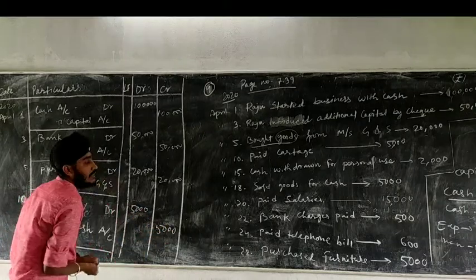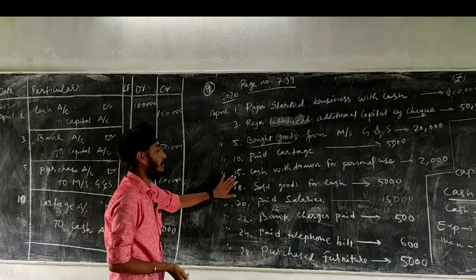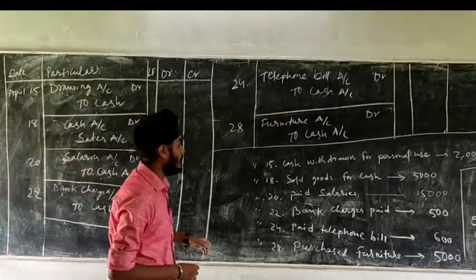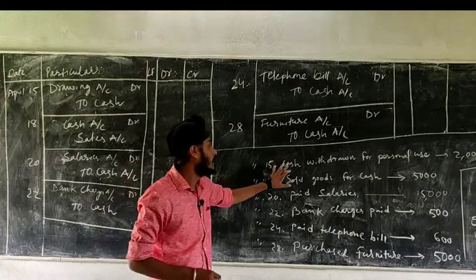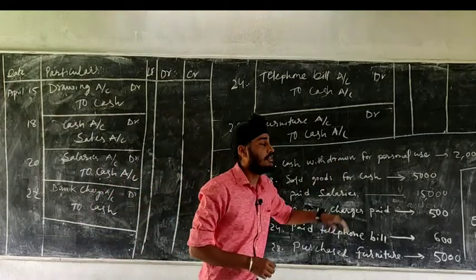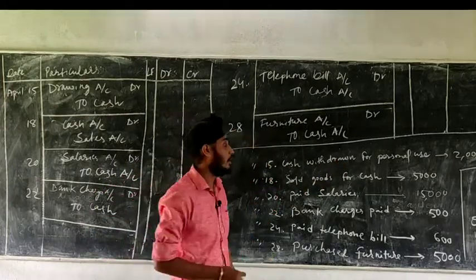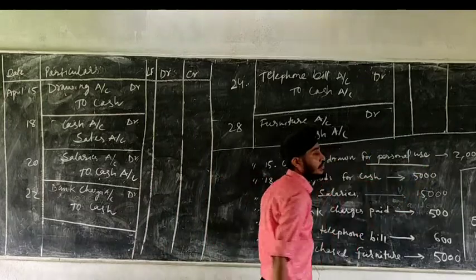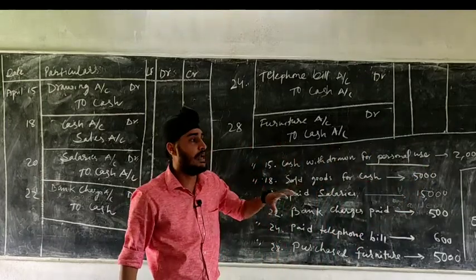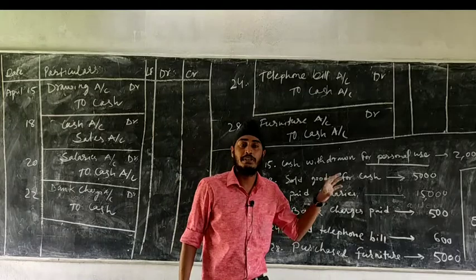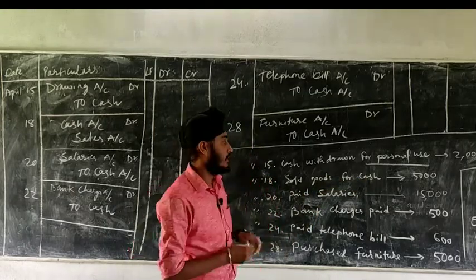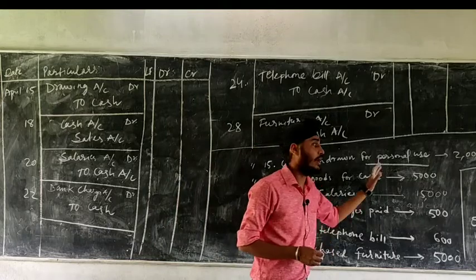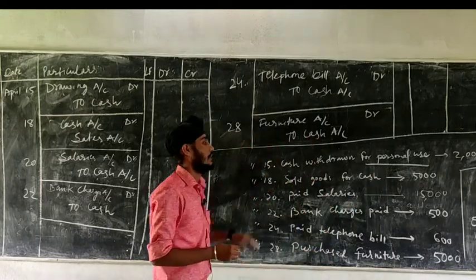Now let us move on to the next entry, April 15th. What is the transaction? Cash withdrawn for personal use, rupees 2,000. Now personal use means drawings. When a businessman withdraws for his personal use, we call that drawing. So drawing account will come, and cash account.